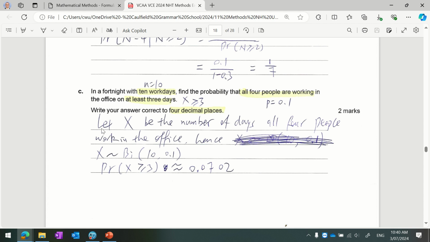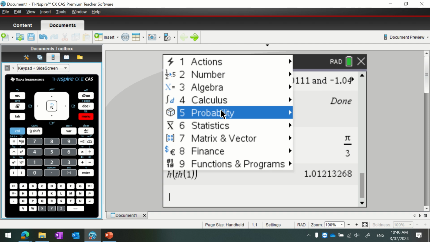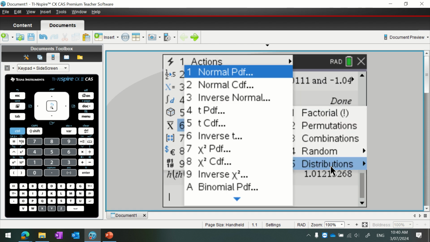So let X be the amount of days all 4 people work in the office. Hence, X is a binomial variable. N is the amount of trials. 0.1 is the probability of success in each trial. And then on your calculator, what we are doing is binomial probability distribution.